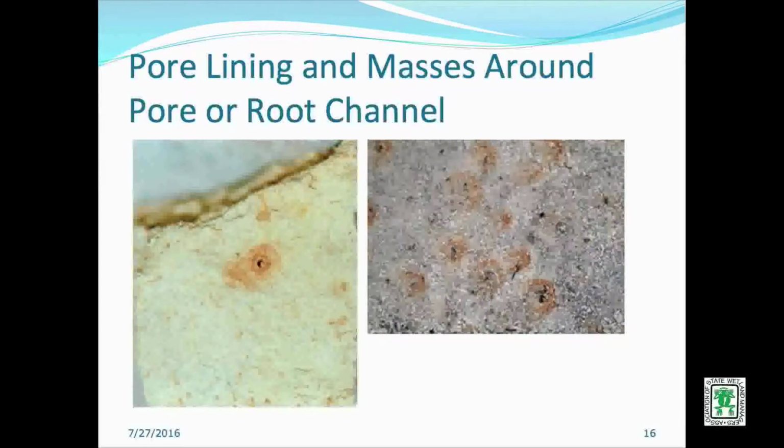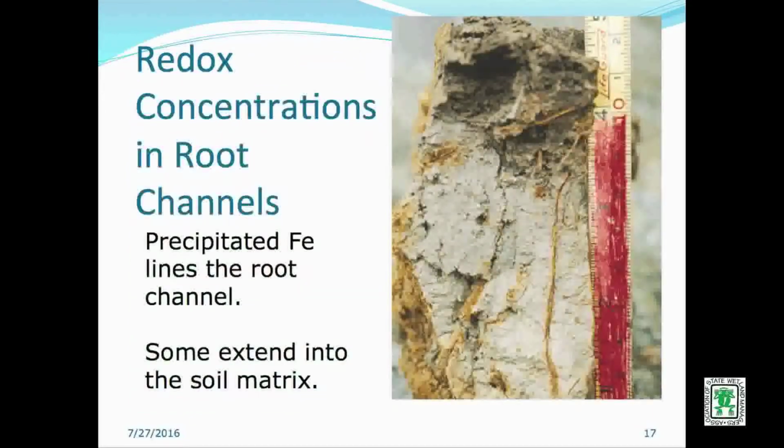Here we can see iron oxide that's precipitated around the edge of pores. So we know that oxygen has entered these pores on both pictures, and then the reduced iron that was present in the soil next to the pores became oxidized through exposure to the gaseous oxygen. The same can be found around certain root channels.